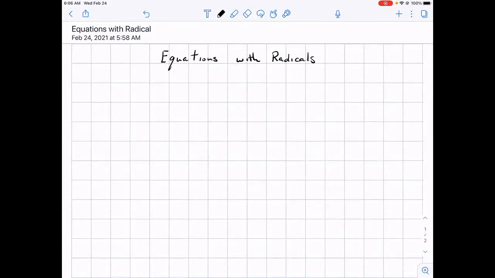So if A is equal to B, then A squared is equal to B squared. All we did was square both sides.